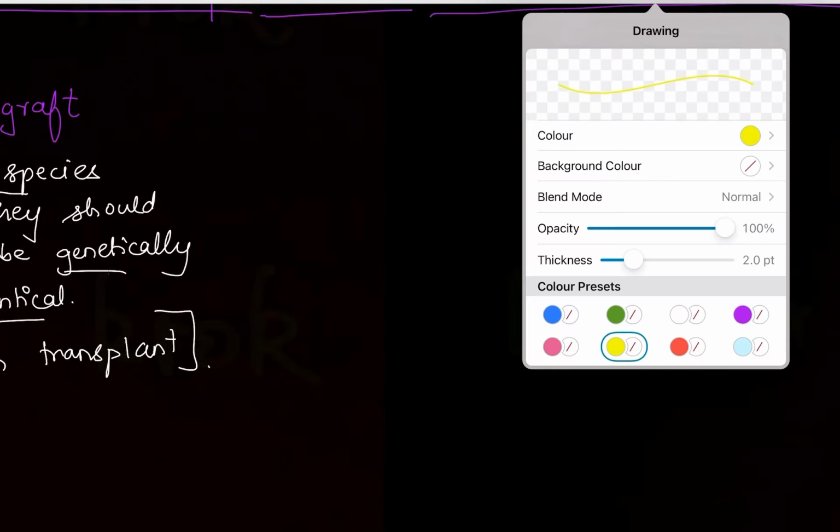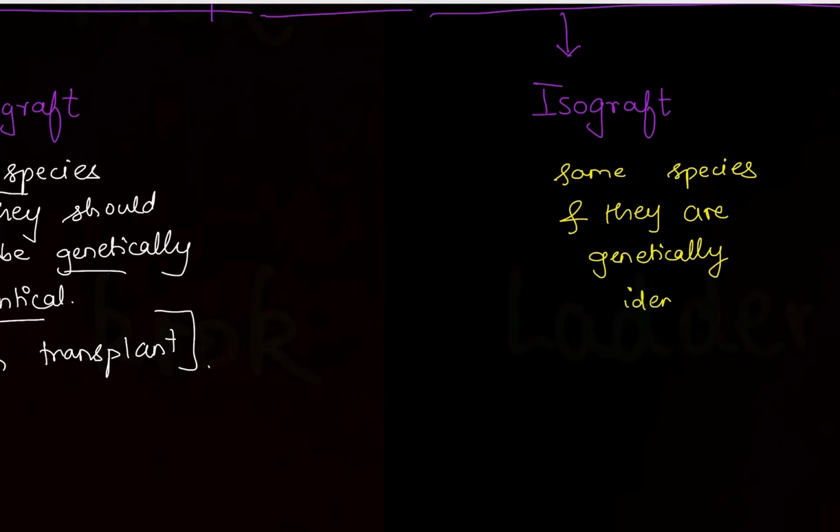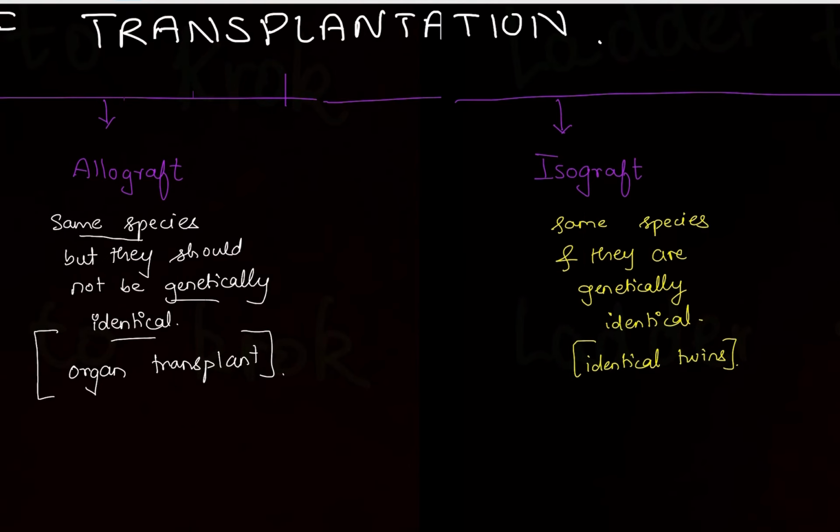For isograft, it is same species and they are genetically identical. Now, an example for this could be identical twins. Okay, I hope this is easy and clear. It's similar to allograft in same species, but allograft has non-identical and these are genetically identical.